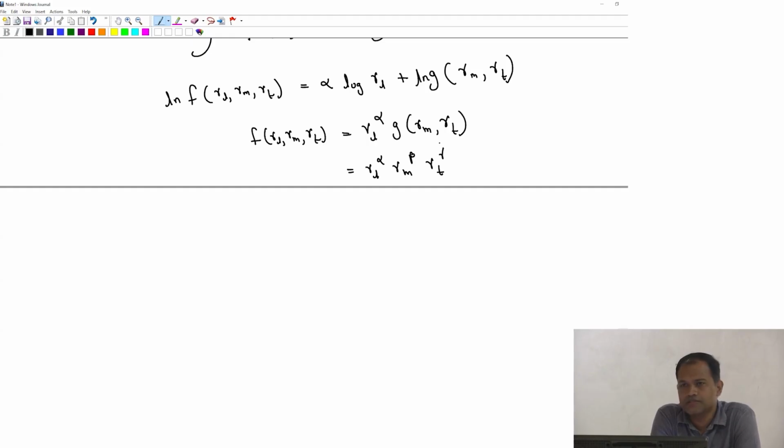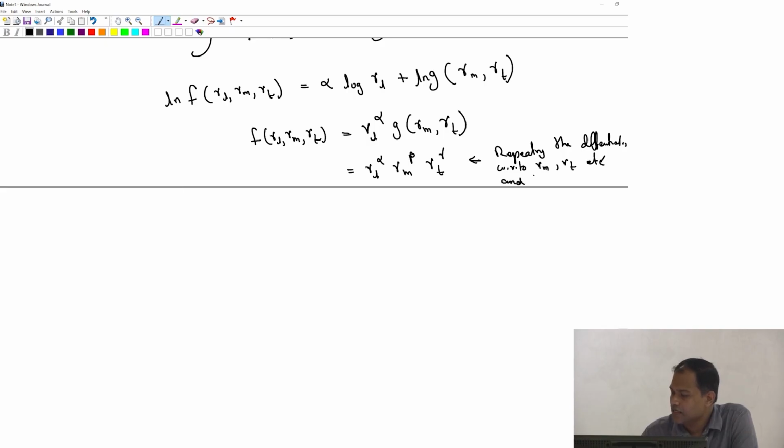Just repeating the differentiation with respect to Rm, Rt, etc., and then performing the integration, you will find that nothing is going to change. L was just an arbitrary choice.